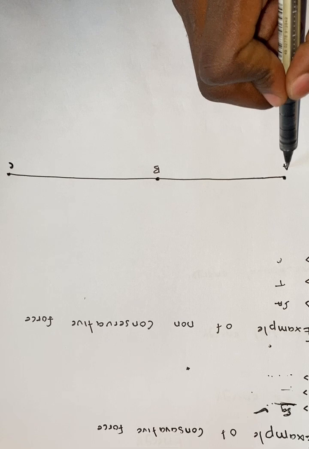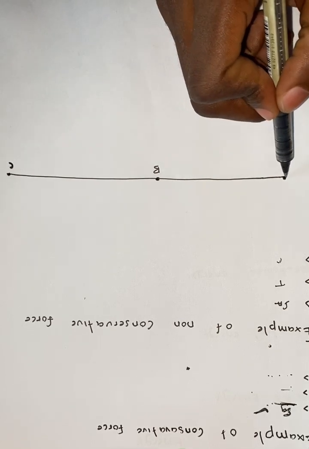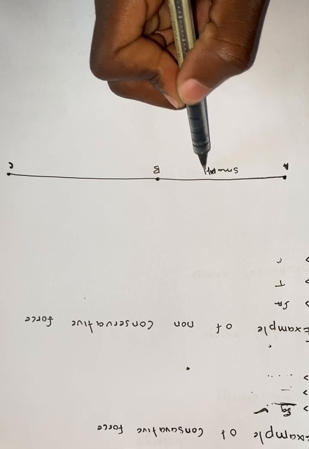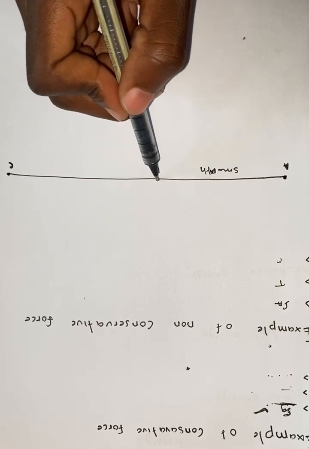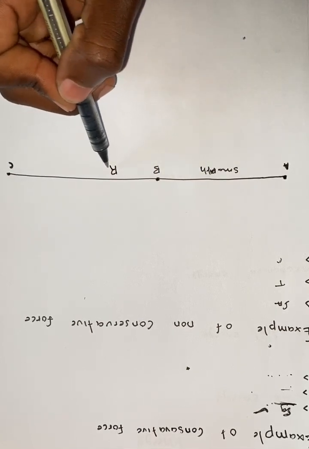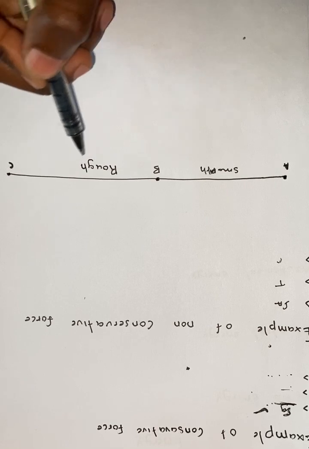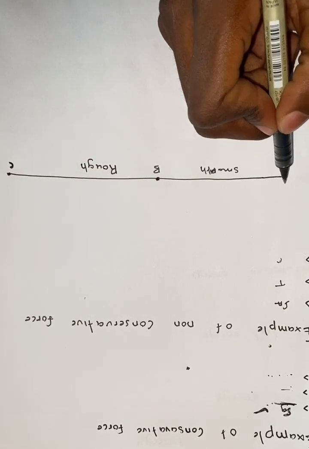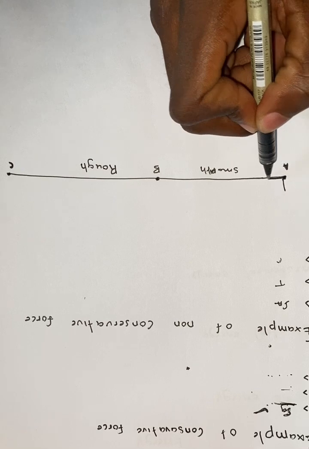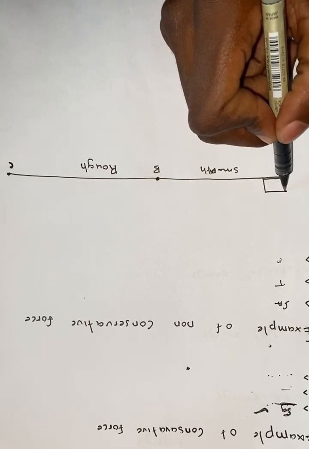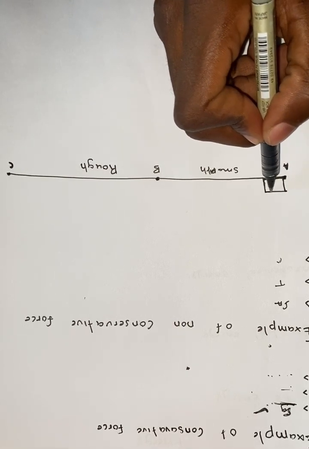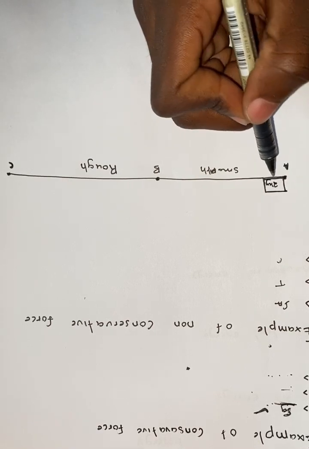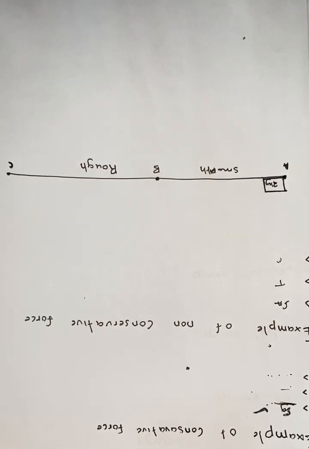Suppose you have a section AB which has a smooth surface, and a section BC which has a rough surface. Let's say there is a block here. This is my block of 2 kg.